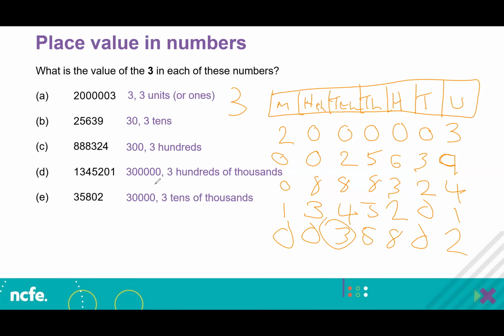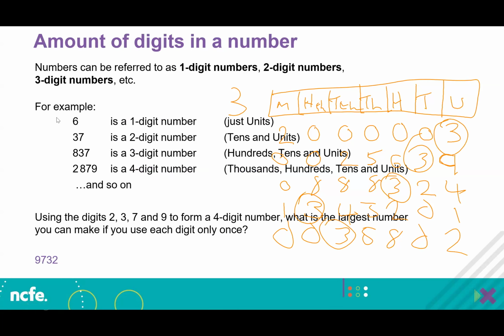So it would be 30,000. As we can see, the position of the 3 changes its value. So yeah, that's the answer there.